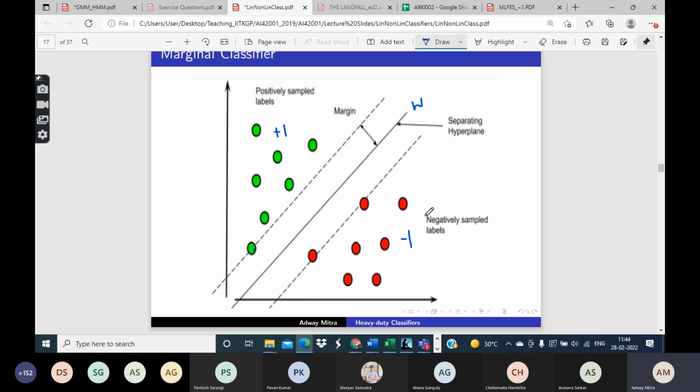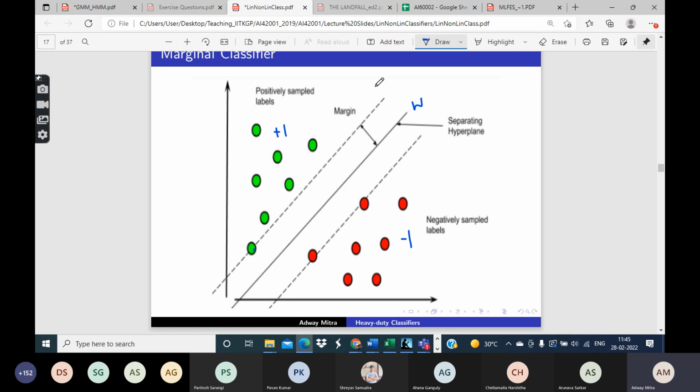Similarly, if you consider the red points, you will have another line parallel to W which is marginal. That means at least one red point, or minus 1 point, must be sitting on it. So these two things we will call the marginal classifiers.